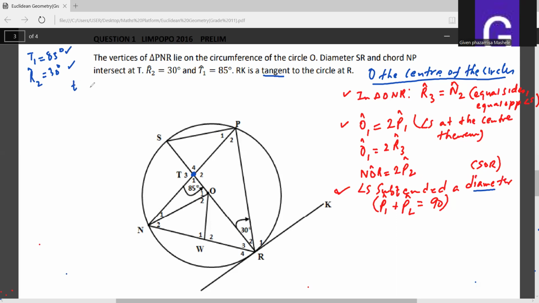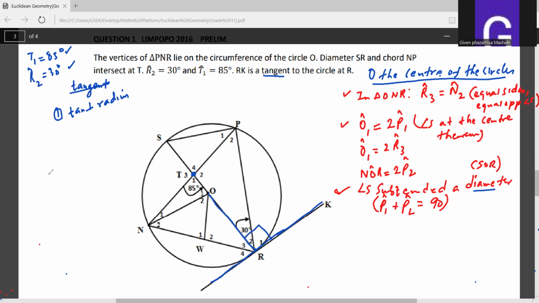What are the three things that you should look at when you're given a tangent? I think I spoke about that. Number one, you must look for tangent perpendicular to radius. We have a radius from O to R, and RK is a tangent. So the tangent and the radius are intersecting, which means there should be an angle of 90 degrees.